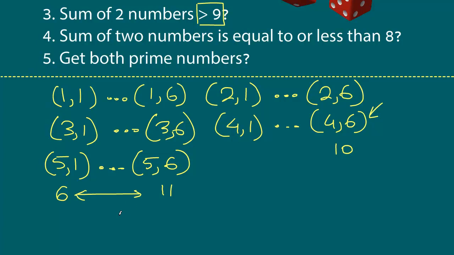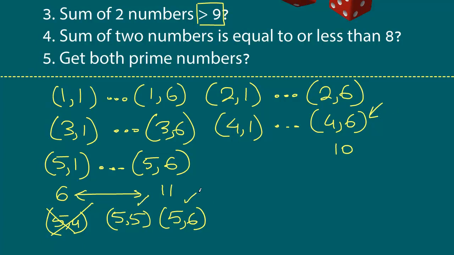And similarly 5 and 4 will give us 9, but we need greater than 9, so this doesn't count. So 5 and 5 is 10, that works. And 5 and 6 is 11, that works. So we have found one favorable outcome, second outcome, third outcome.